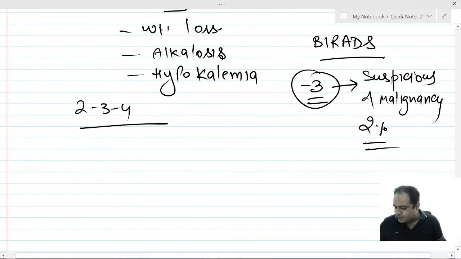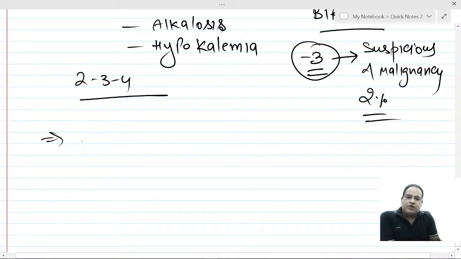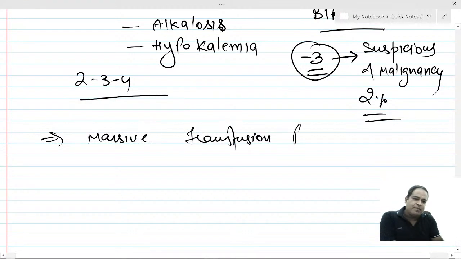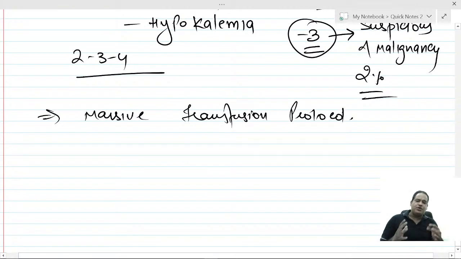For quick blood transfusion, green or orange? I believe you are talking about massive transfusion protocol. When you are giving 10 units at once, you don't use either cannula.